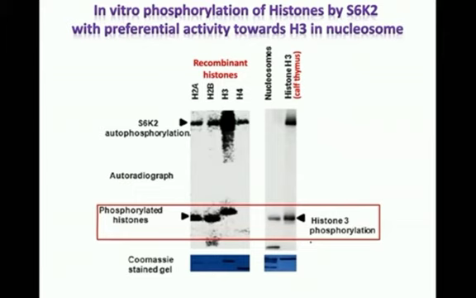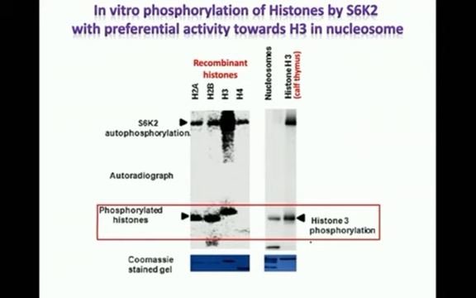But what if, especially with that T45, the position of phosphorylation is in the globular region of the histone? The nucleosome, as we said before, contains the core histones, all the histones. What if this T45 is not accessible?